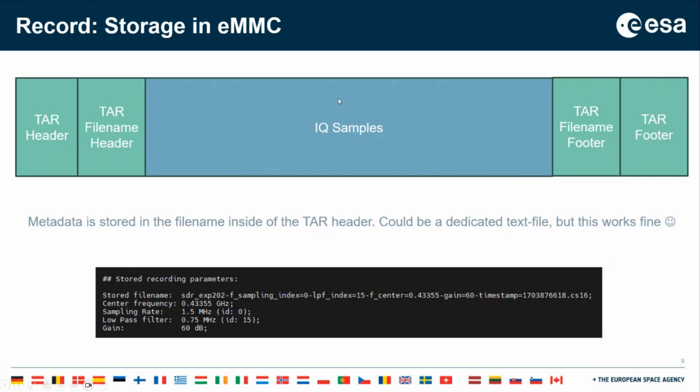And I found it would be the easiest to implement the tar format as a format to store the samples. If I just wrote the binary samples to the eMMC memory, then I would have a bit of trouble extracting those values, because the IQ samples are just numbers, as I covered.